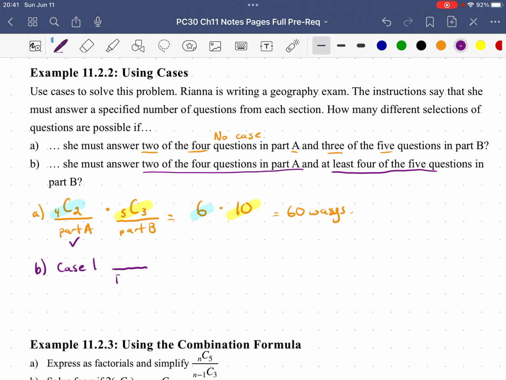So part A is 4 choose 2 times, in part B, there's 5 questions and she could choose 4 of them.